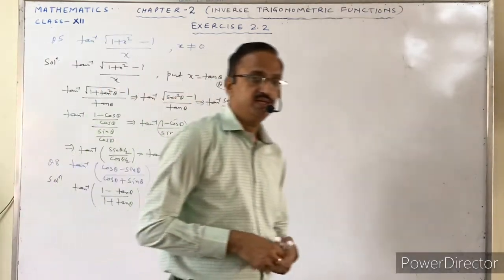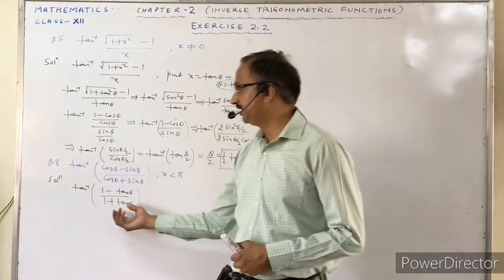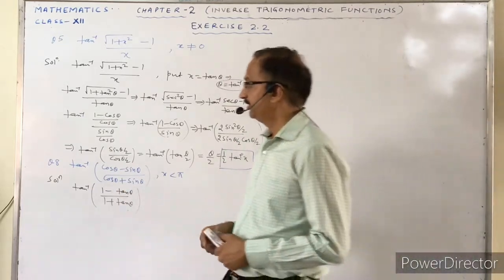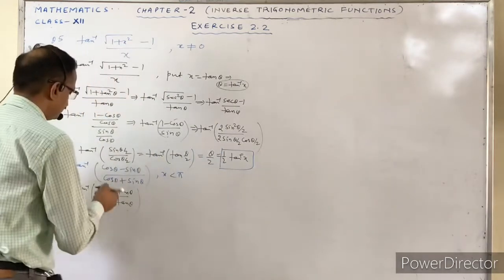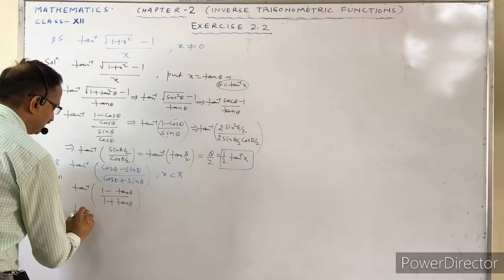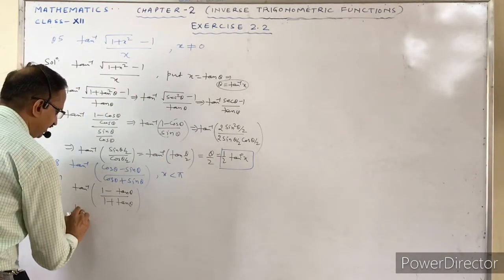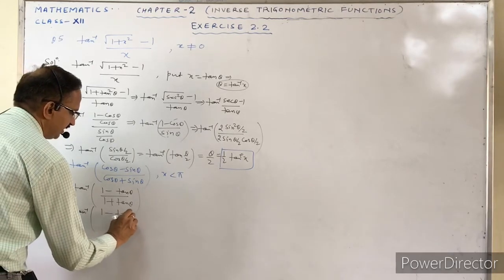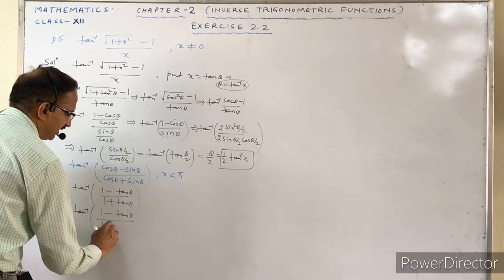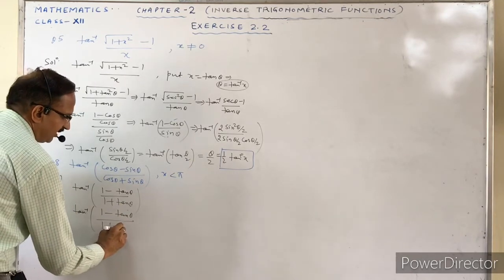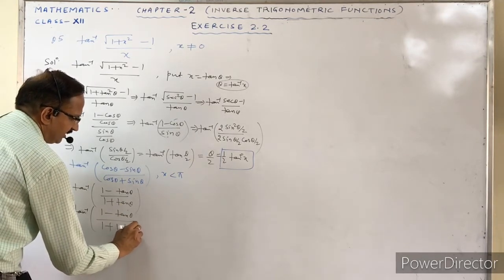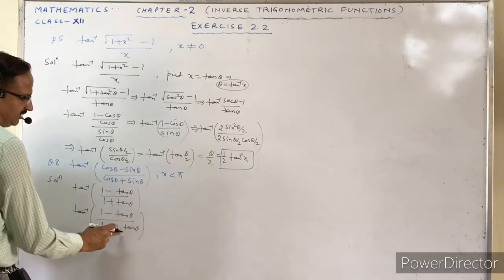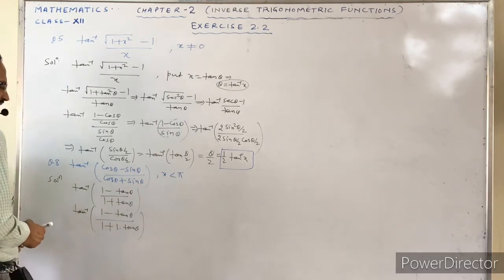Now initially the term in the bracket is converted in the form of tan. Now we will apply one more formula. Here it is tan inverse, this is 1 minus tan theta, 1 plus, here we can write 1 multiplied by tan theta.